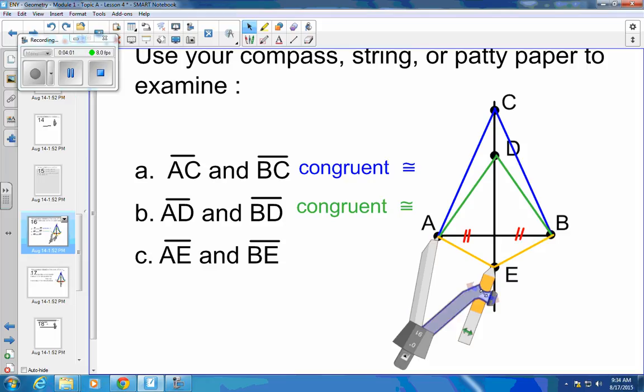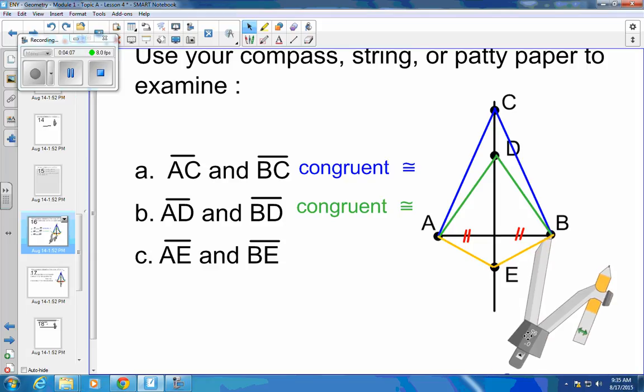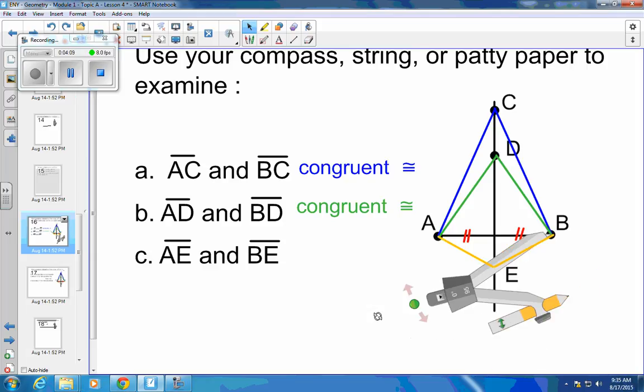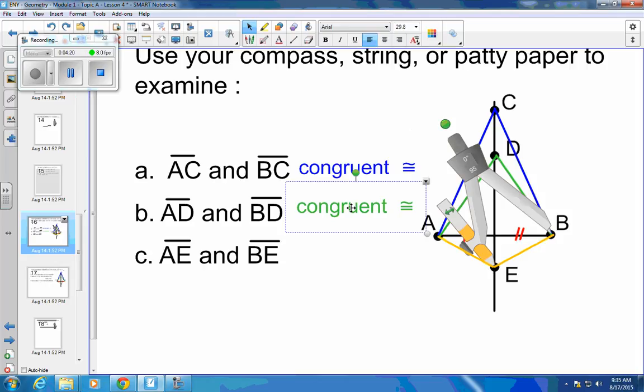I'm slightly off here. Okay, so A to E is set. Go over to B, place it in the center, and hopefully when I swing this around, it is where it's supposed to be, which is in the center of E. So A to E and B to E are also the same, so they are congruent.